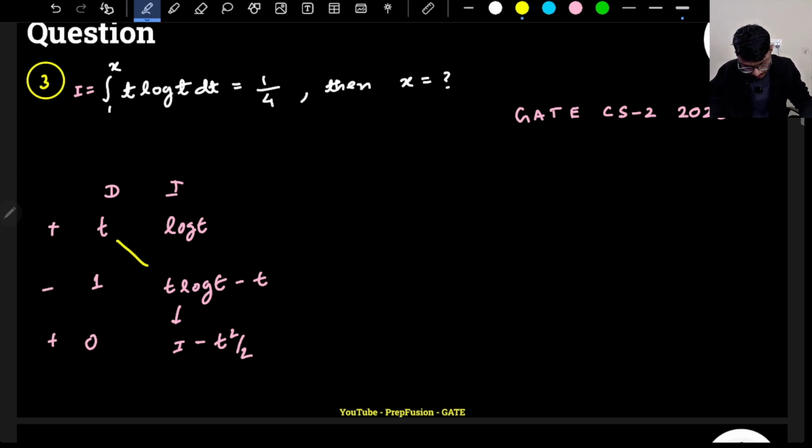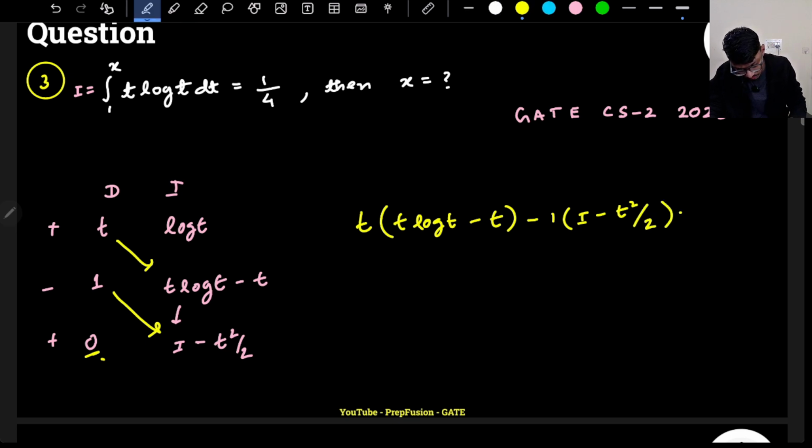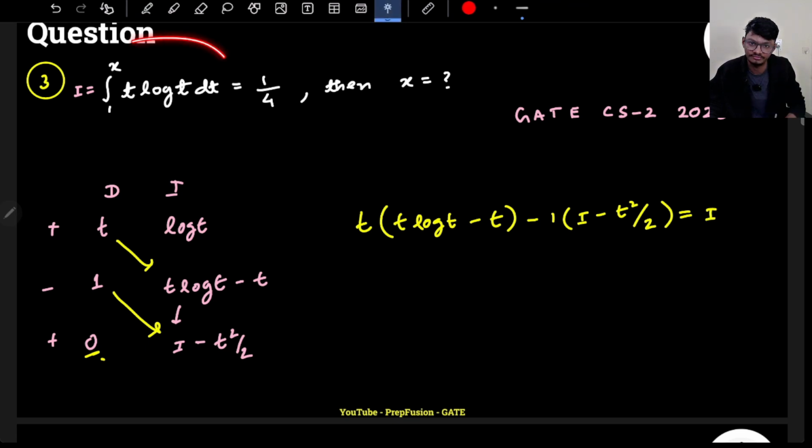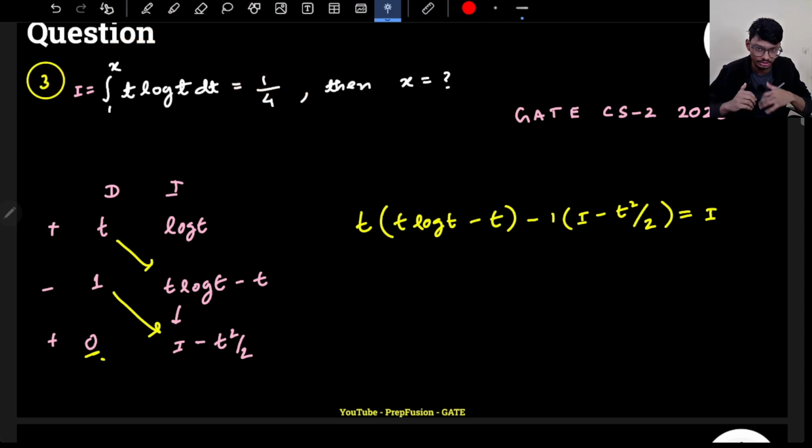So ultimately this will come out to be t into (t log t minus t), then minus, there is a negative sign, that's why negative 1 into I, minus t square divided by 2, equals I itself, because that is what I am finding out. And what is my I? I is actually 1 by 4. They have given me this information. I will write the I later on. Let me just rearrange the terms, then I will replace my I with 1 by 4.